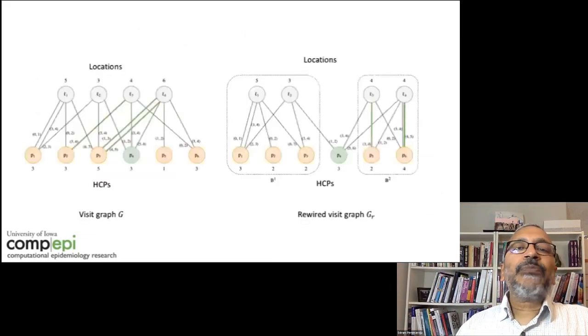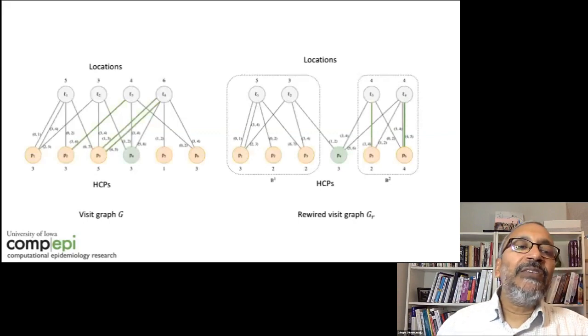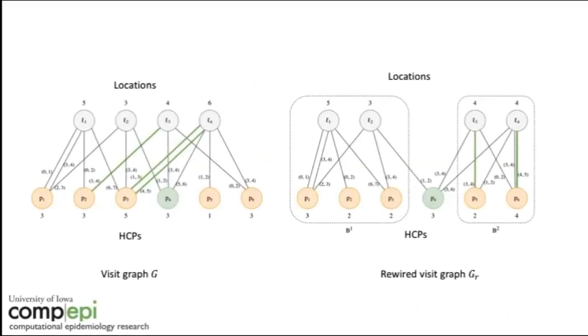Here is a toy example that might illustrate the problem a bit better. On the left is what we call a visit graph that shows visits of 6 healthcare professionals, shown at the bottom. And they visit 4 rooms that are shown at the top.